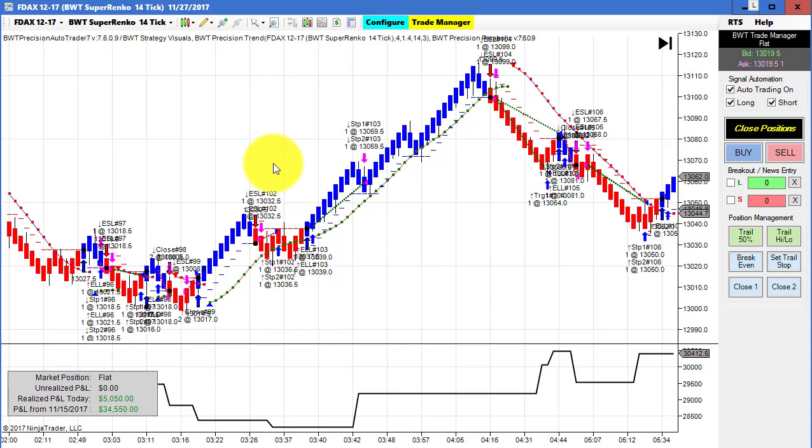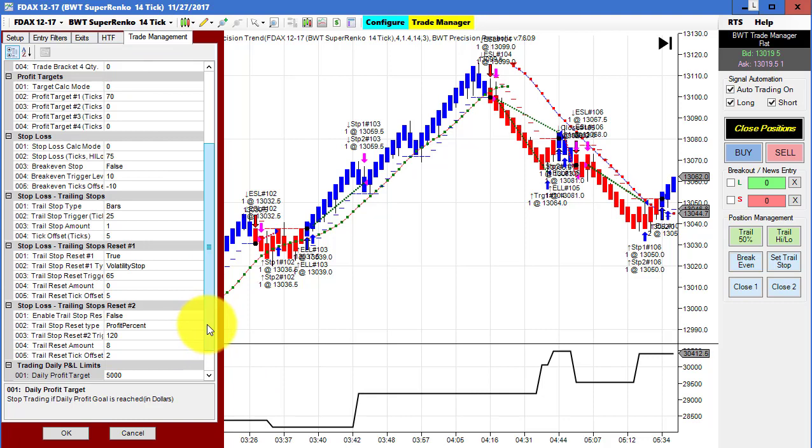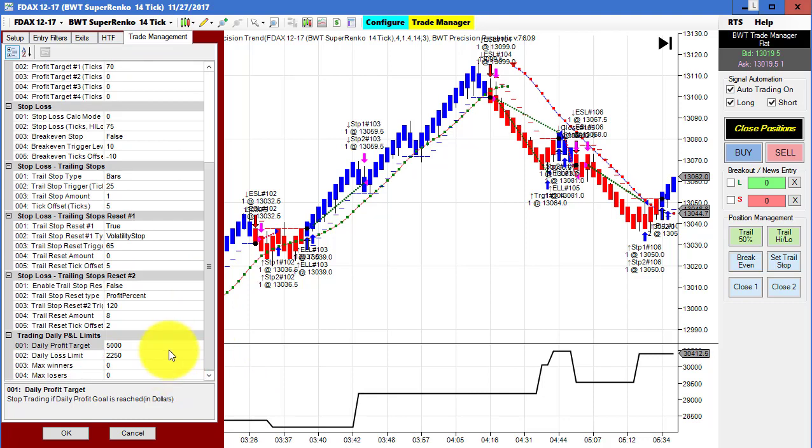On the DAX, I took our 14 Super chart and I increased the daily goal to $5,000. I observed from many charts, many winning days in hitting its goal, that there were many swings that were left that were potential winning trades, and so I simply increased the profit target to 5,000 instead of 2,000 that we had, and I increased the loss limit only $750.